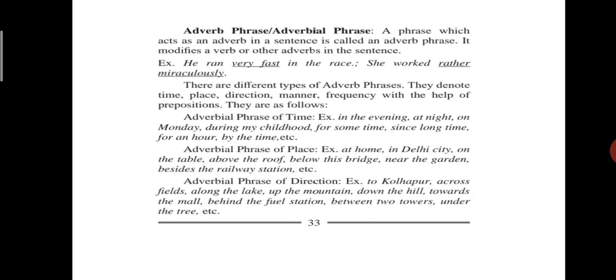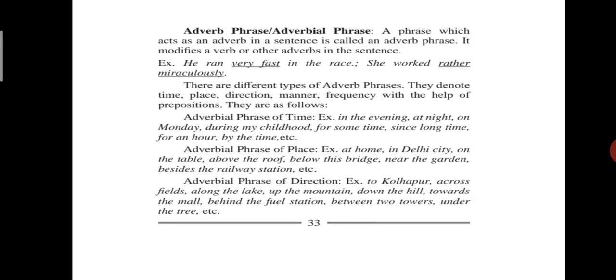He ran very fast. It modifies ran. Very is an adverb. He ran very fast in the race. Next example, she worked rather miraculously.